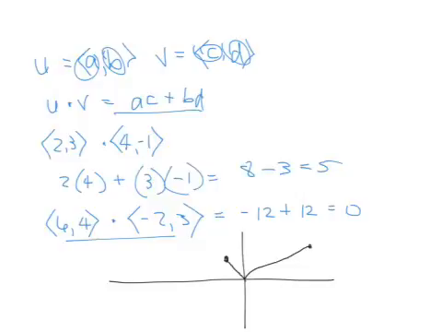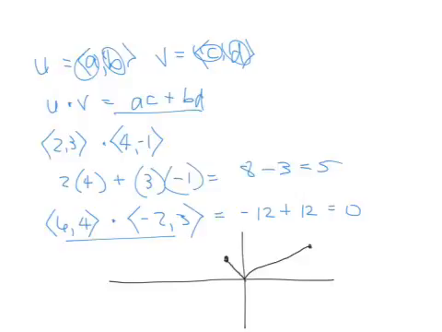And the angle theta between two vectors, let's call them u and v, is going to be the angle having the two vectors as its sides, and it's going to be somewhere between 0 and 180. It can be 0, it can be 180, and it's going to be somewhere between there.